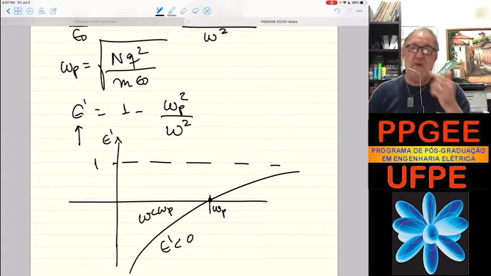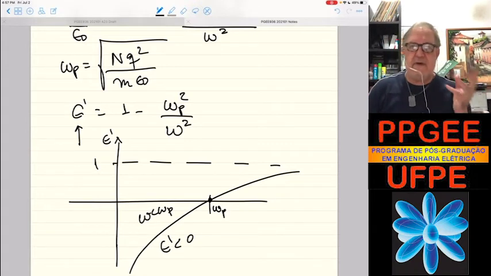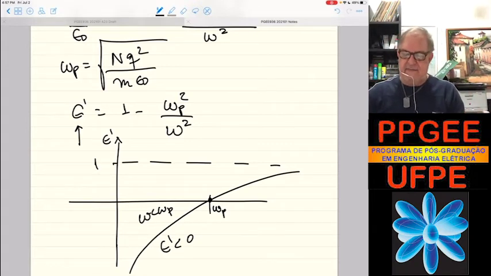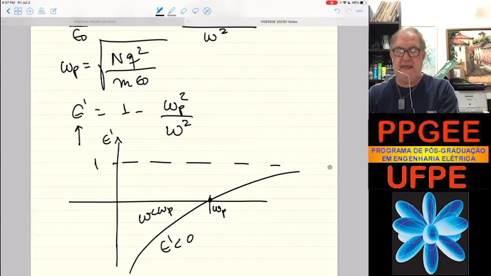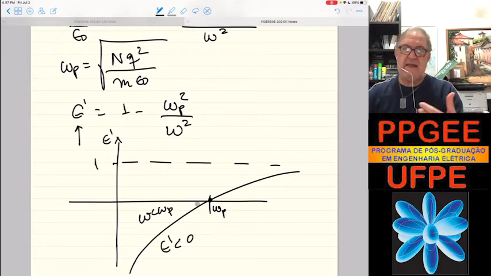Right? So we can look into metals as having a permittivity which is negative below the plasma frequency. For most metals, the plasma frequency is in the ultraviolet, in the blue region. You know, different materials have different plasma frequency. So they become transparent when your frequency is larger than the plasma frequency. And they block the wave.